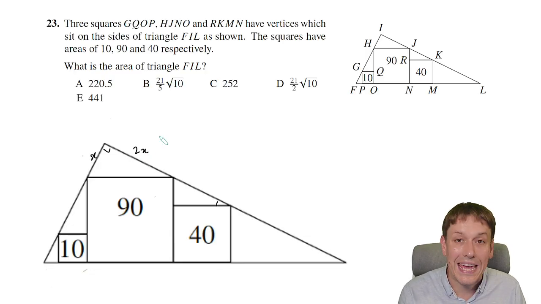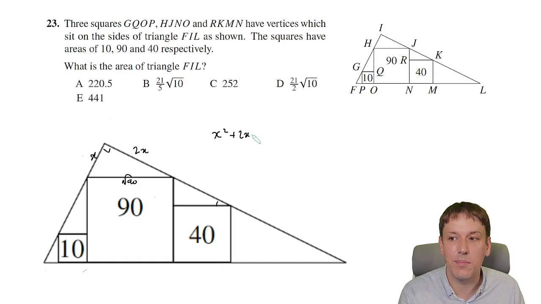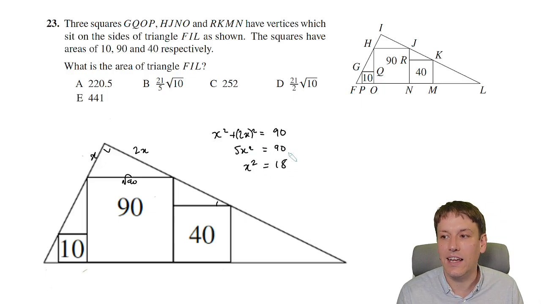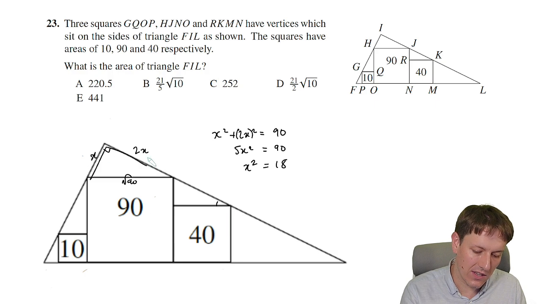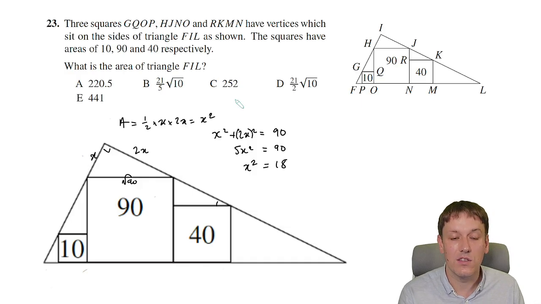So this would be x and 2x, and this would be the square root of 90, so I'd have x squared plus (2x) squared is equal to root 90 squared, so that's 5x squared equals 90, and I would get that x squared equals 18, and x squared would be the area of this triangle, because this is now the base and this is the height, and the area would be a half times x times 2x, which would be x squared, so that area is 18, just as we found it before.